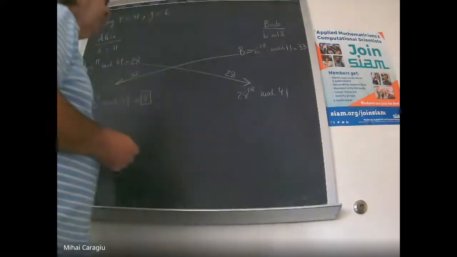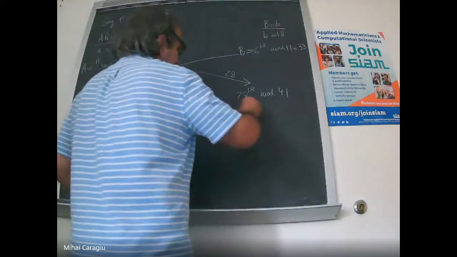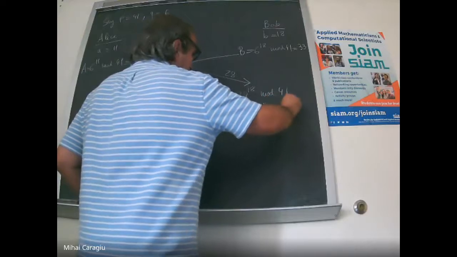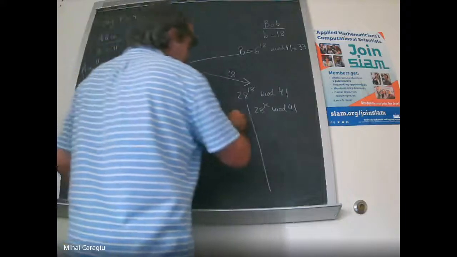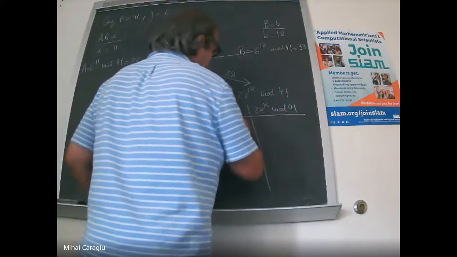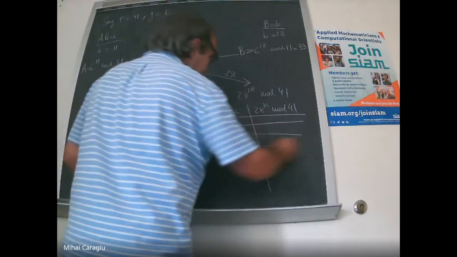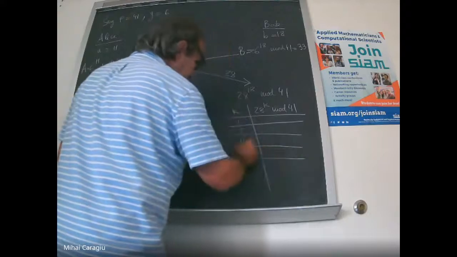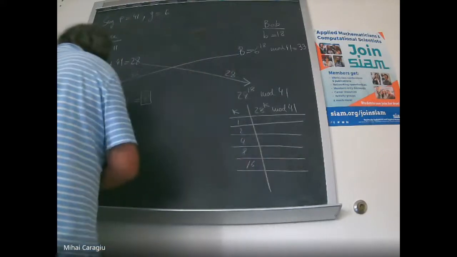Again, let's make the fast exponentiation table, k versus 28 to the power k mod 41. As before, we need to go until 16. Right? 1, 2, 4, 8, 16.